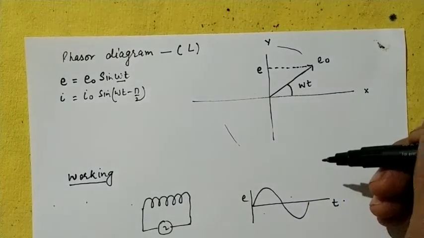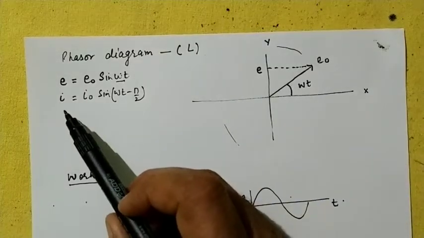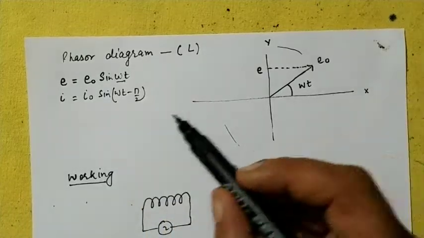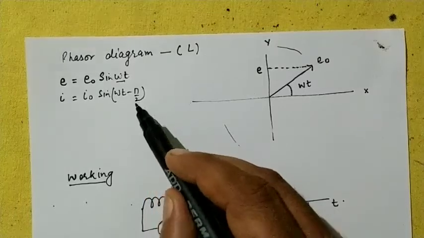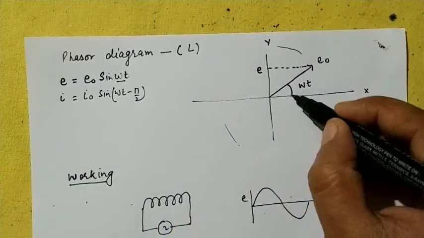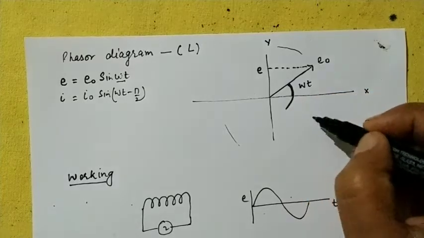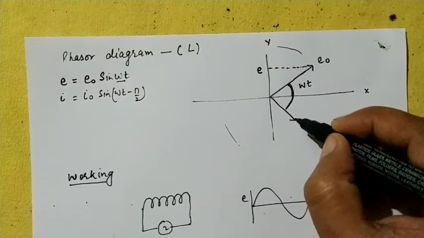Now if you want to draw the same phasor for the case of current, the current phase is omega t minus pi by 2. So omega t is this much and minus pi by 2 means this much, 90 degrees. So this is our arrow of current.